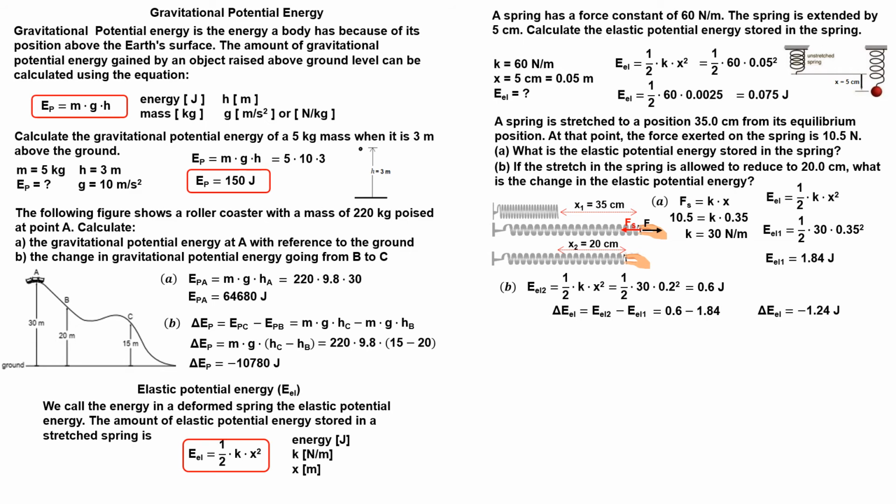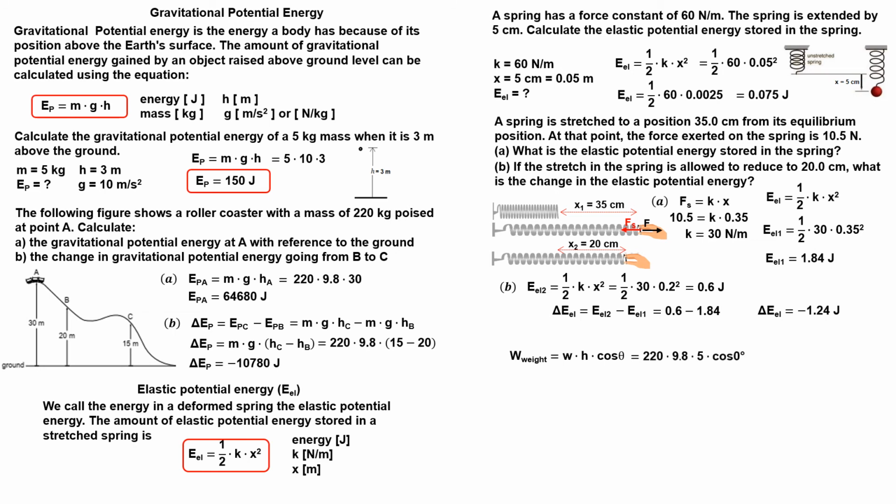Now, after discussing the potential energies, we should notice some similarities between them. We now pay attention to the second example of the gravitational potential energy. We know that the work done by a constant force on an object is defined as the product of the component of the force along the direction of displacement and the magnitude of the displacement.